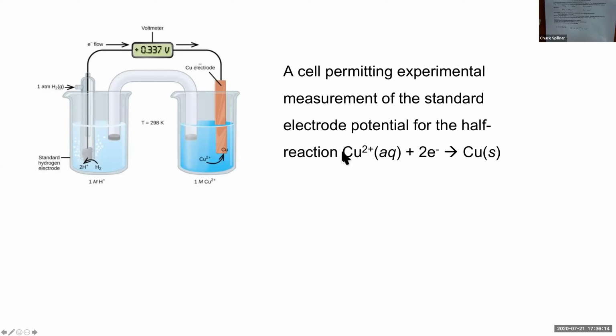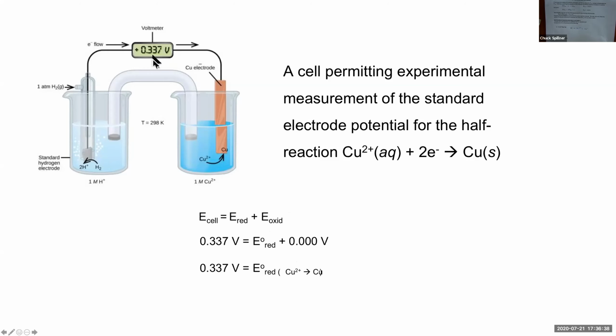Because we're measuring this, remember our equation is E cell is E reduction plus E oxidation. Well, E oxidation is what's occurring at the anode, and that is the standard hydrogen electrode cell potential. Well, what's that? That's defined as 0. So you plug in 0 there.